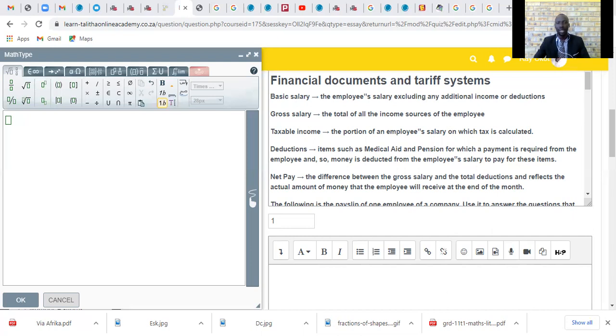You will also be expected, by the end of the lesson, or the few lessons which will come, or preferably the end of the chapter, to explain or demonstrate how the values in the financial documents can be determined. So you need to know how to make sense of the terms used in the document, and also how to determine the values indicated in it.